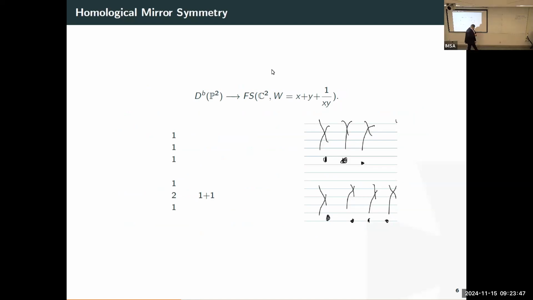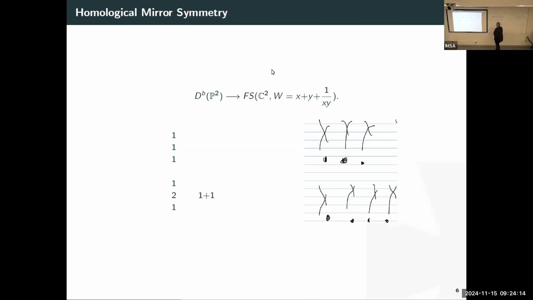So first is the mirror symmetry for P2. We have a derived category of P2, and that is generated by three exceptional objects: O, O of 1 and O of 2.